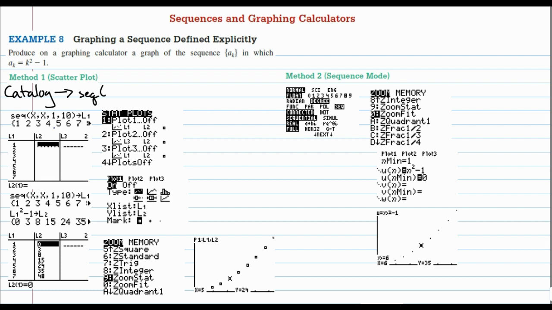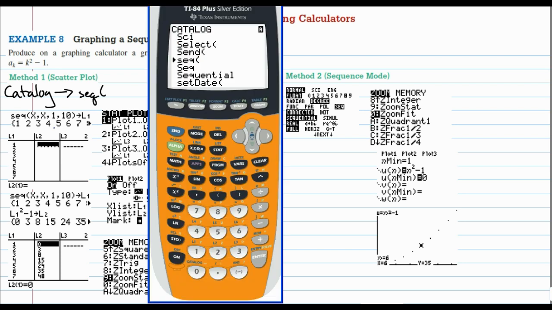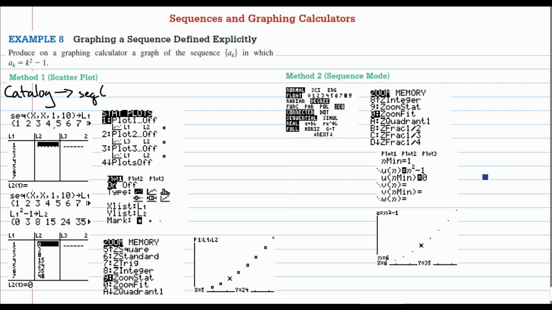Now the other method of graphing sequences in your calculator would be using sequence mode, and you can go to mode and then over to sequence here, which is what the SEQ does in your catalog. So we'll change to sequence mode, and then in y equals, you can type in your n min, which is 1 in this case, and then I can type in my u of n.